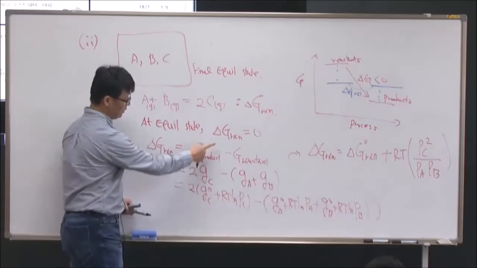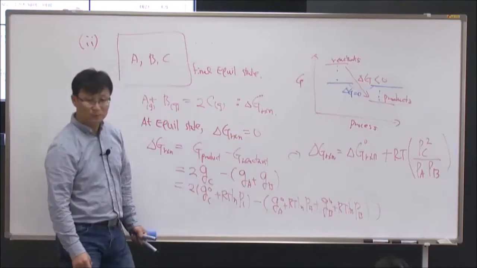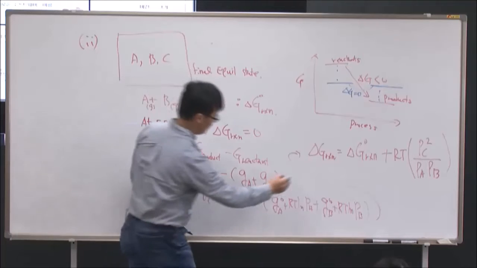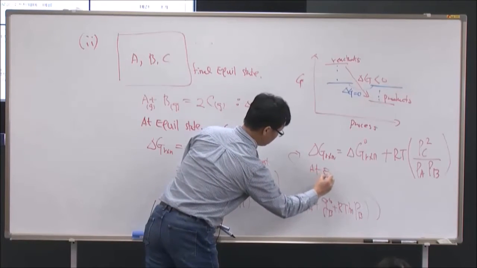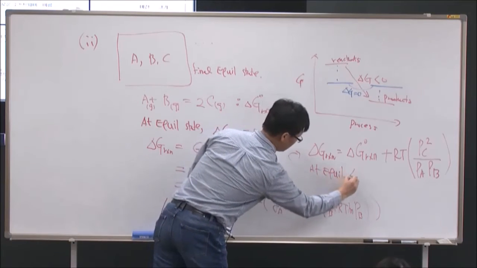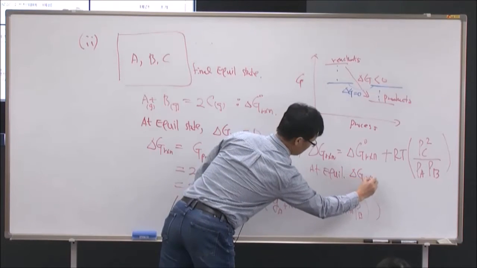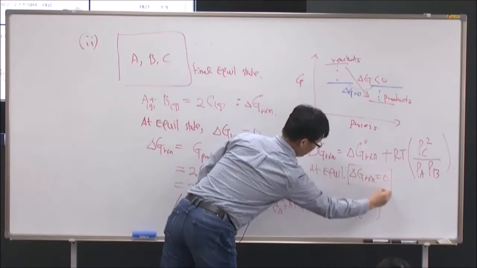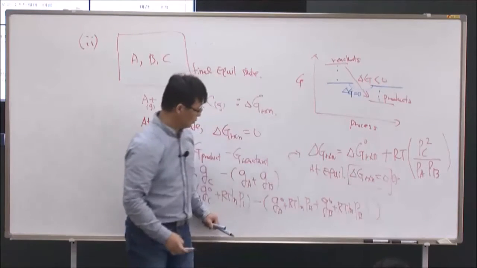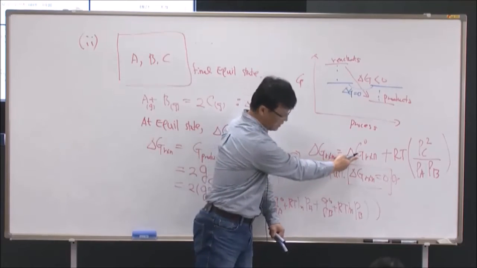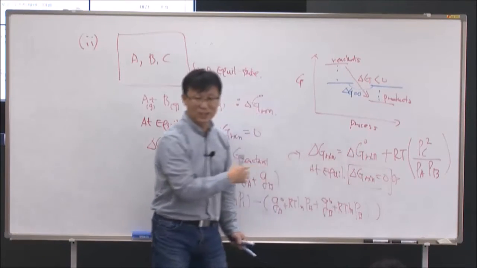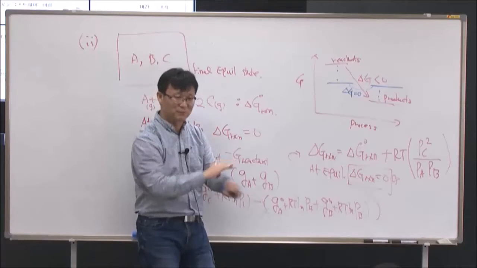So now if you actually look at this one, let's go back to the equilibrium state, the definition of equilibrium state. Delta G of reaction equal to 0. So at equilibrium state, this is very important. Delta G of reaction equal to 0. So this is 0, not this value. Delta G naught of reaction cannot be 0, almost impossible.